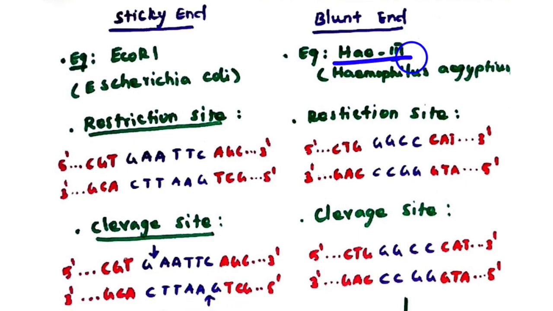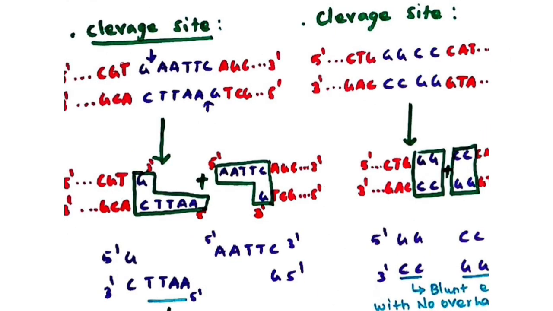The cleavage site of HaeIII enzyme is in between G and C. EcoRI enzyme cleaves in between G and A on both strands and produces these two fragments. HaeIII enzyme cuts in between G and C and makes these two fragments. EcoRI makes an uneven cut, whereas HaeIII makes a straight cut.